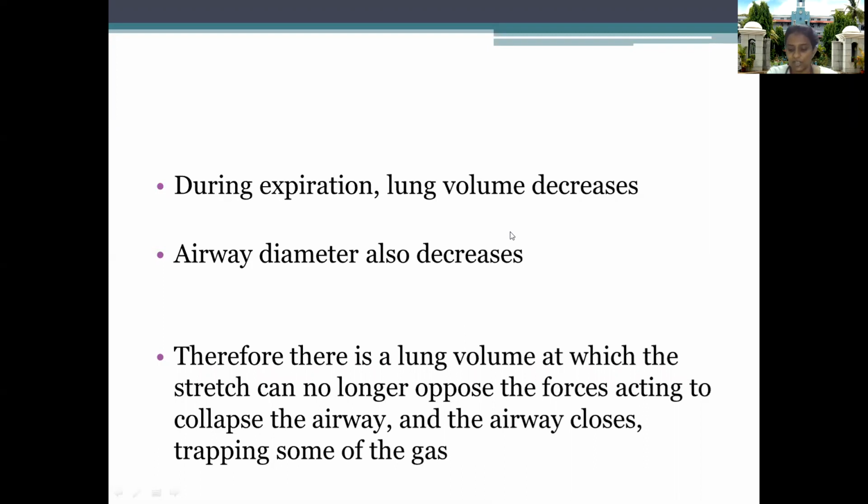During expiration, the lung volume gradually decreases and the airway diameter also slowly decreases. Therefore, there is a lung volume at which the stretch can no longer oppose the forces acting to collapse the airway, and finally the airway closes, and when it closes, it traps some of the gases inside it.